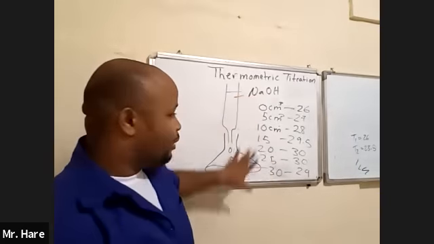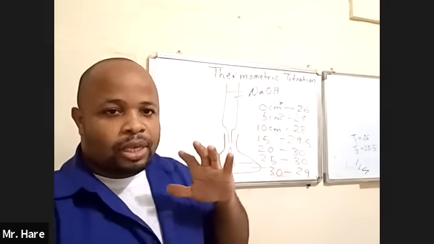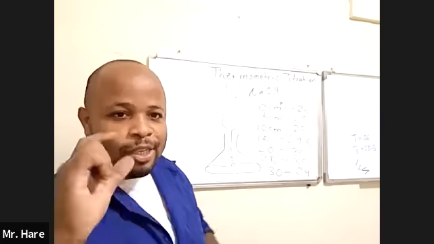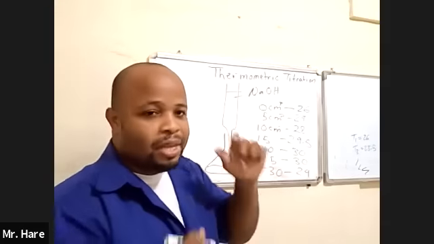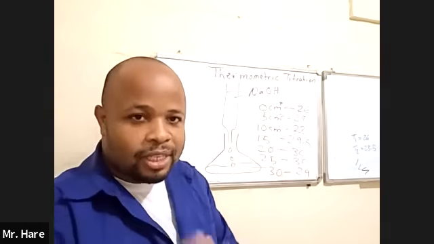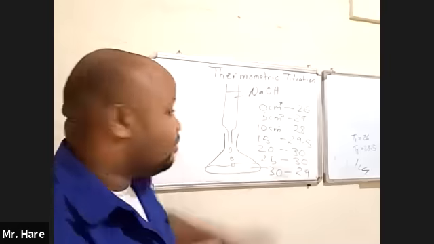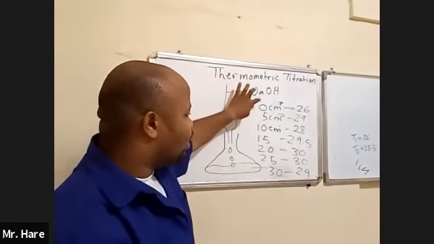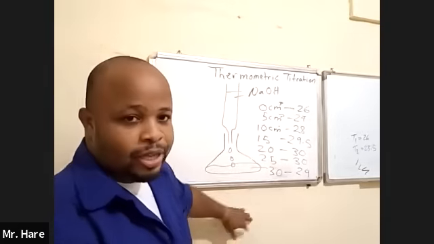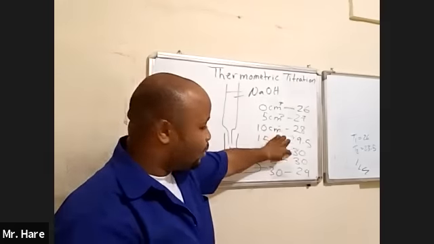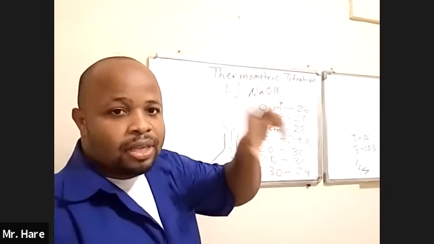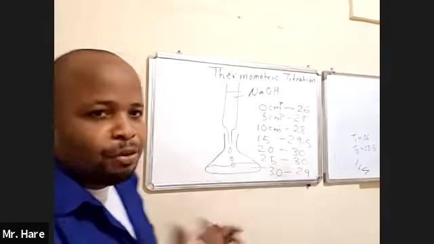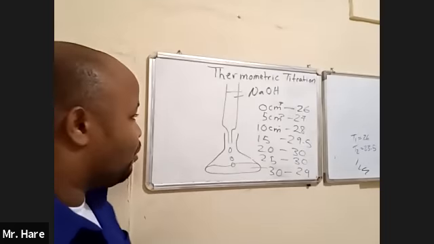With thermometric titration, and in each titration, something must tell us when the acid and base have neutralized each other. For thermometric titration, we are using temperature readings. The highest temperature reading that is recorded, that is what indicates neutralization has occurred.